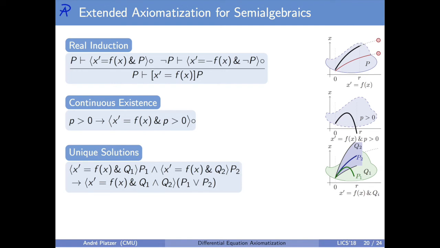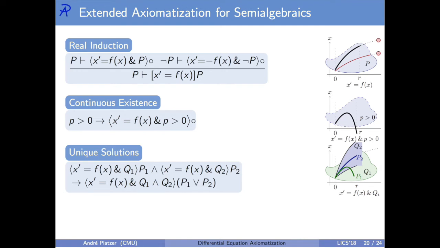Unique solutions is this axiom. So this is internalizing existence, and this is internalizing uniqueness. That says if within Q1 I can go to P1, and within Q2 I can go to P2, then within the two of them, I can go to either of them.